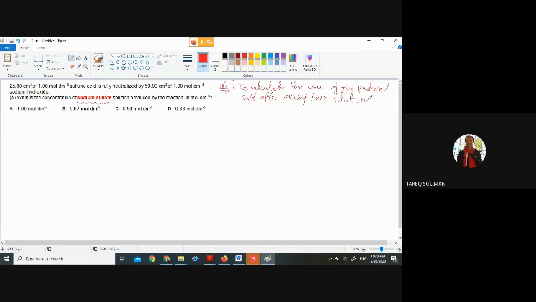This is the idea. Here, after we mix two solutions, a salt or a product is formed. There is a case called the case of mixing. So in this case, how do we work out the concentration of the obtained salt?